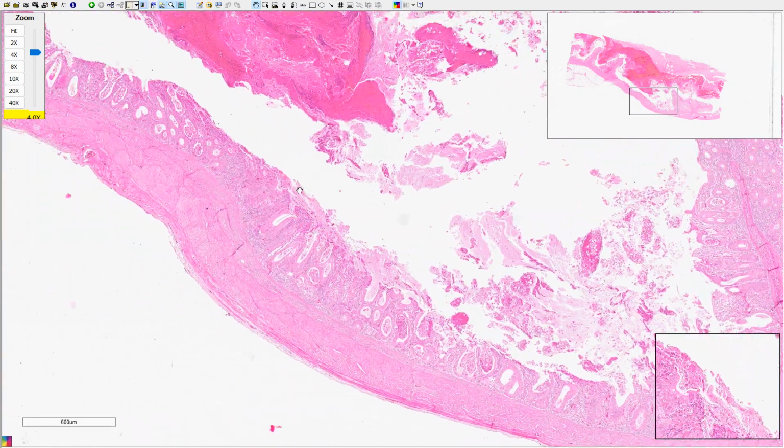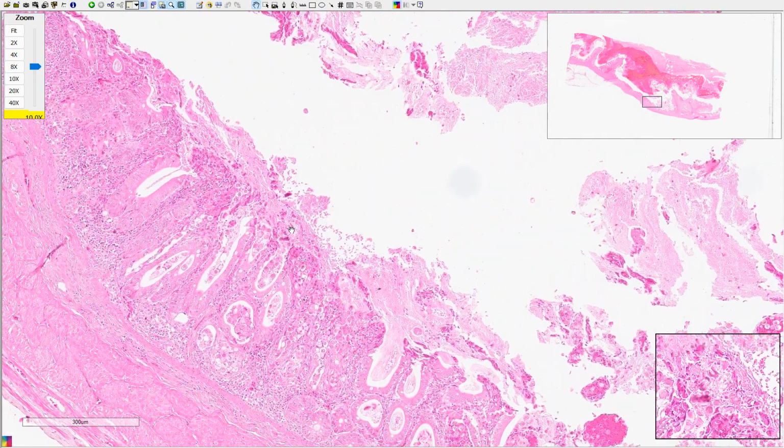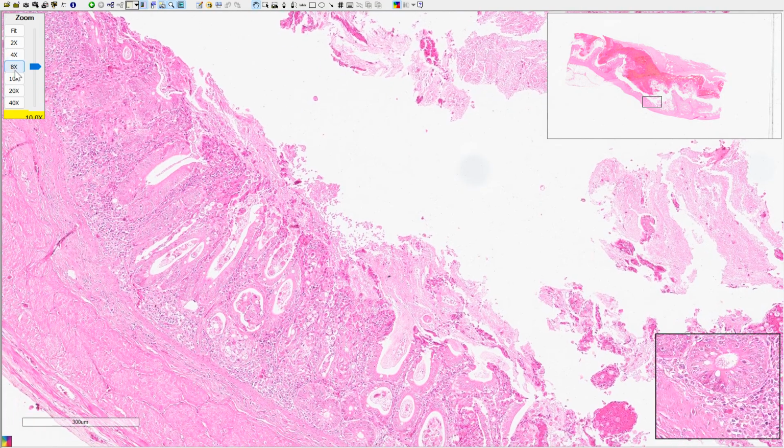If you look further, the necrotic area can be found here. Here, the necrotic area, fibrinous material along with the desquamation of the epithelia.